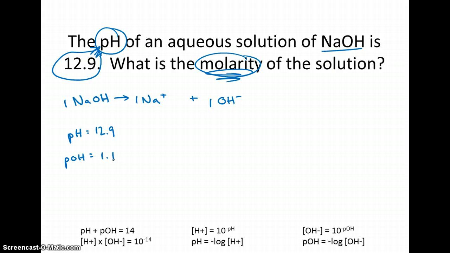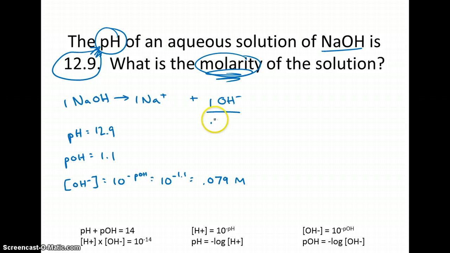If I know pOH, I can figure out OH minus, because I know that OH minus is equal to 10 to the negative pOH, which is 10 to the negative 1.1, which is 0.079. That's the concentration of OH minus.